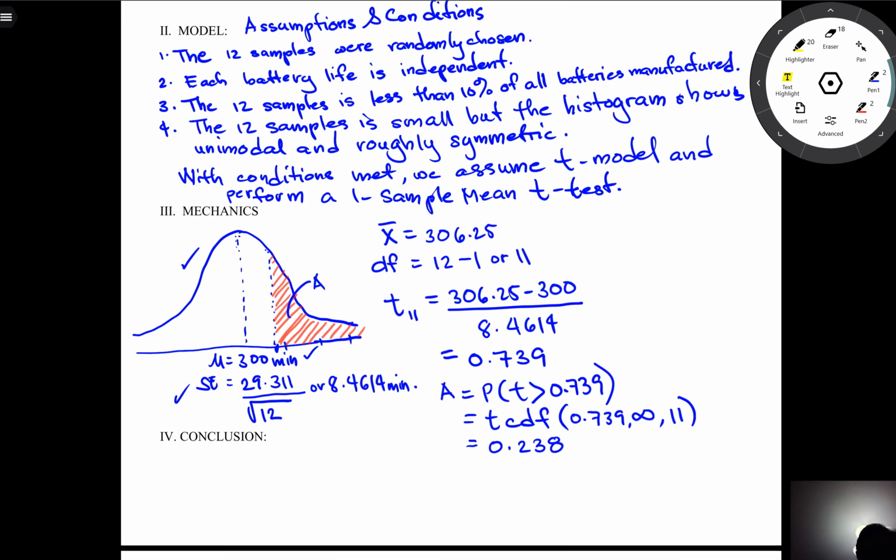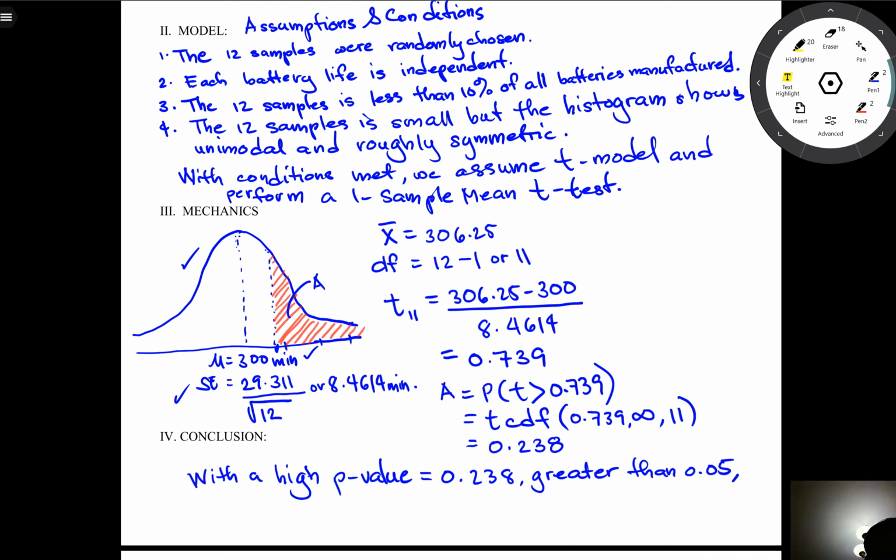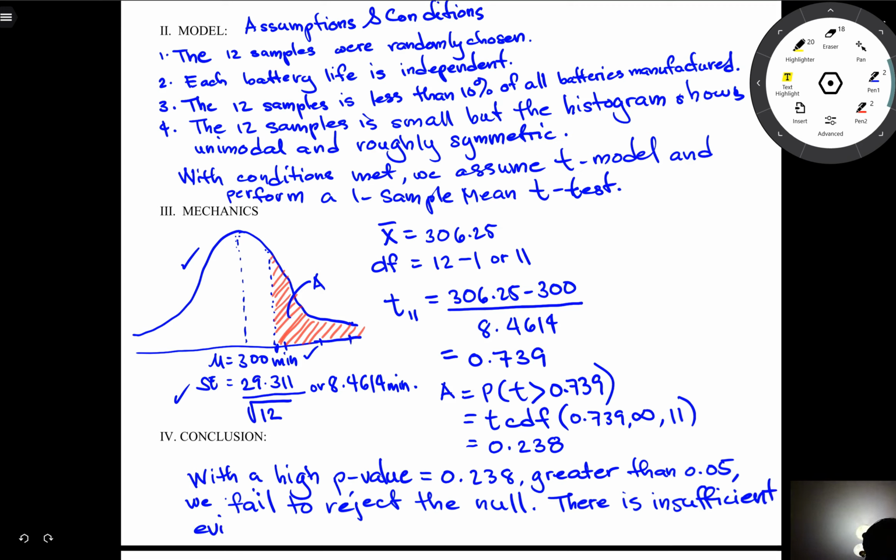Okay, so let's write the conclusion. With a high p-value, 23.8% is too high.